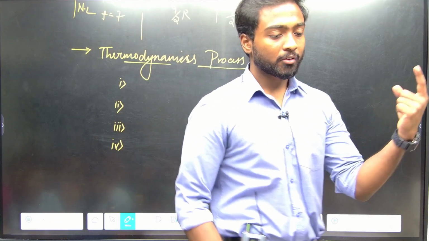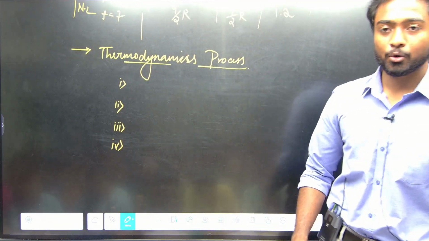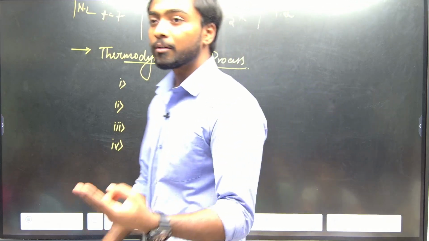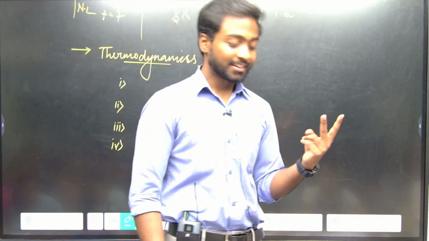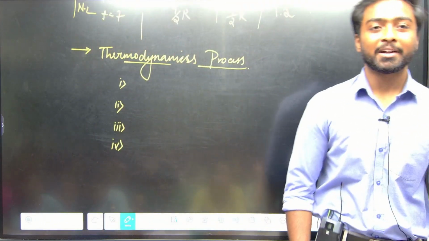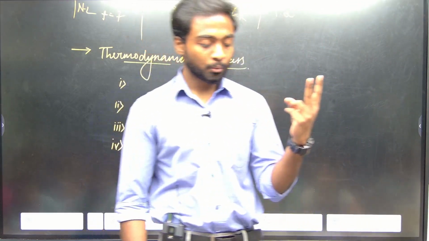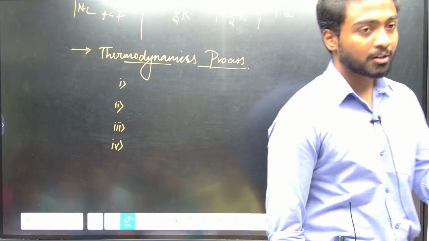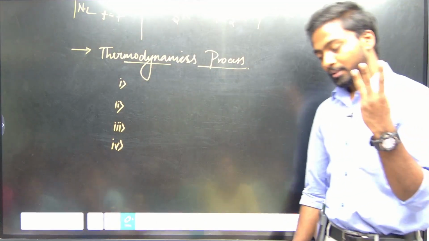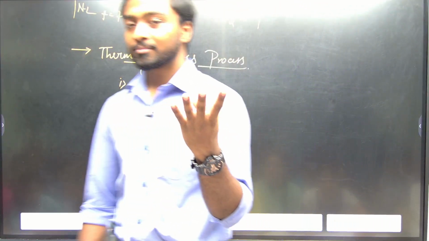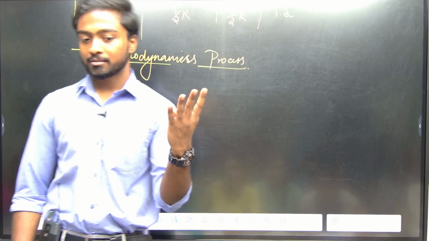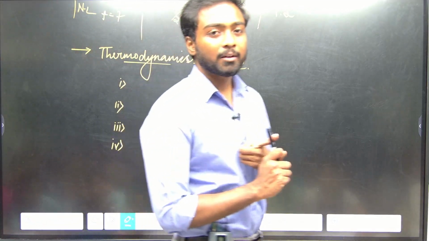Thermodynamic processes are isobaric, isochoric. What is the other name of isochoric? Isometric. So first is isobaric process, second is isochoric process, third is adiabatic process, and isothermal process.